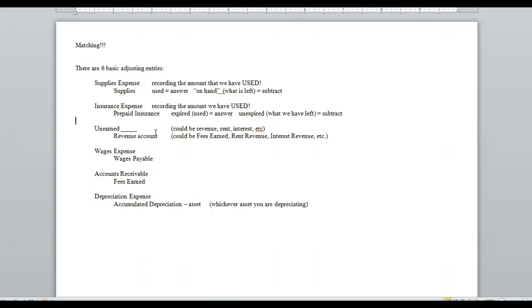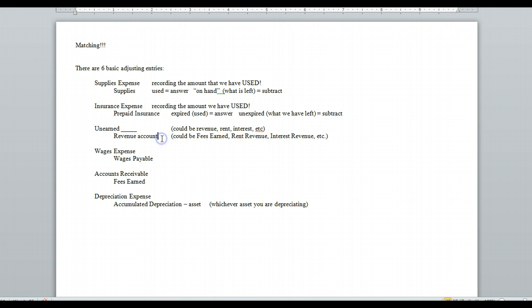So you're looking for those key words like prepaid and unearned. The word that comes after it just tells us what it happens to be. But prepaid and unearned are the really important words. They tell us how we figure out what we're going to do.